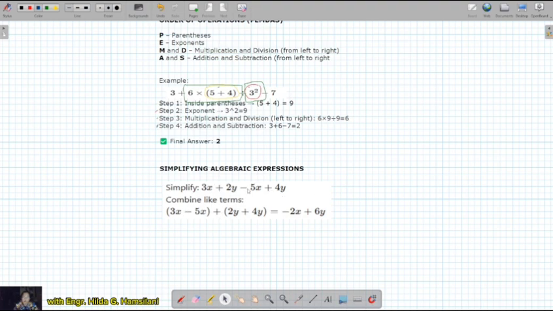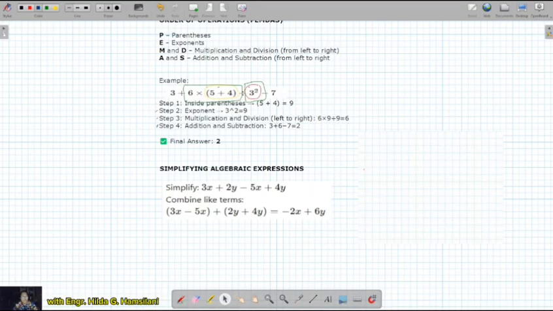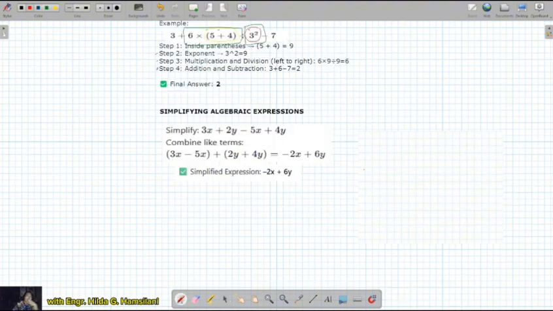There are two like terms with a variable x, so 3 minus 5x, plus 2y plus 4y. So the combination of like terms is negative 2x plus 6y. So the simplified expression will be negative 2x plus 6y. Okay, so that's how you simplify algebraic expressions.